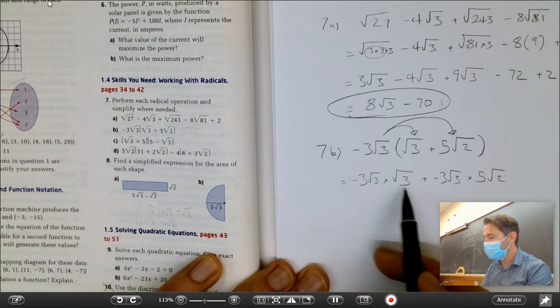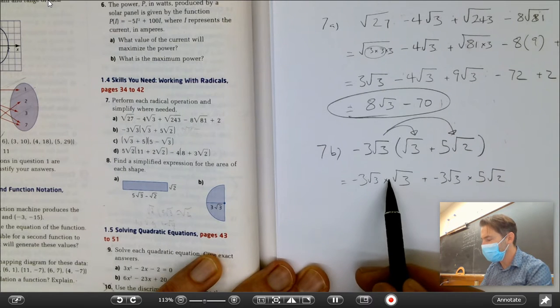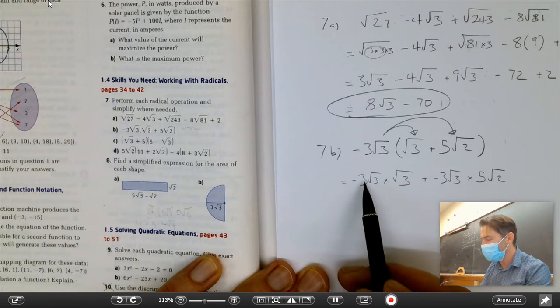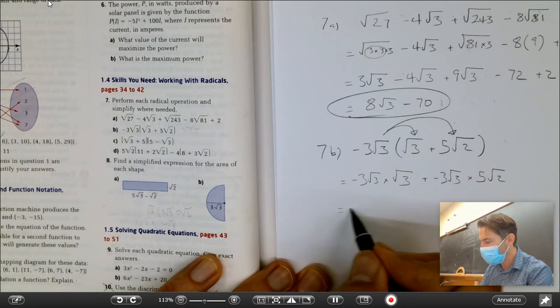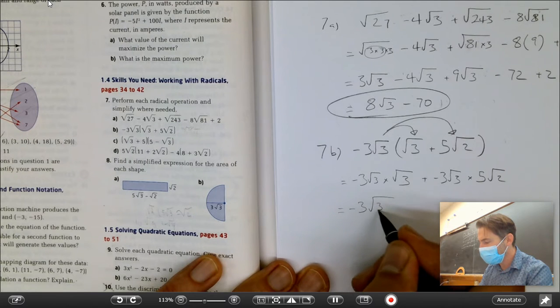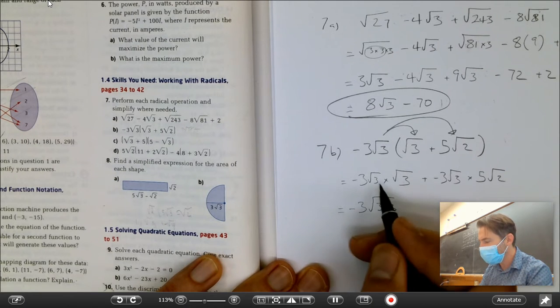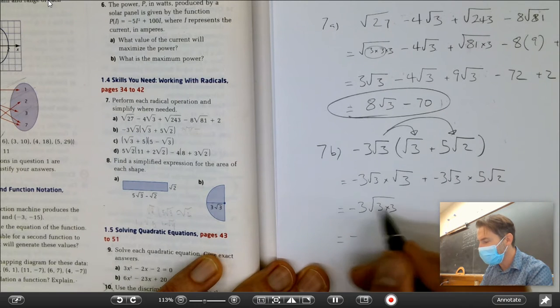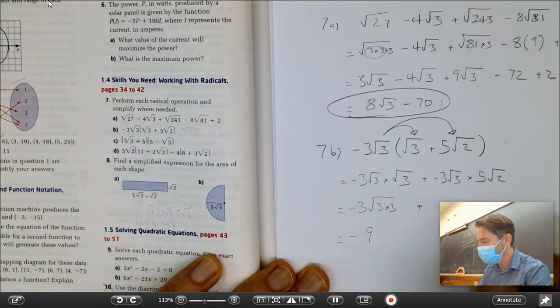When I am multiplying radicals, I multiply the constant times the constant and the radical times the radical. Now I'm going to do that here, and you'll see it more clearly. So this is negative 3 times root 3 times root 3. So that's negative 3 times 3 all in the root. That's just 3. So that's equal to negative 9. Negative 9, because that one simplifies. Plus negative 3 root 3 times 5 root 2.